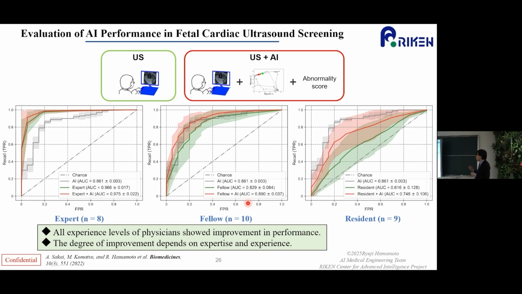And we also conducted a clinical trial evaluation of AI performance in fetal cardiac ultrasound screening. A little bit surprisingly, the green color shows the physicians' skills. This is AUC, and as you can easily understand, the skills are significantly different based on experience.